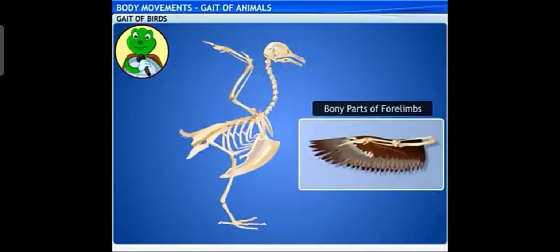Due to the presence of bony parts of the forelimbs. Forelimbs means our hands and so on. That region is modified into wings. The bony parts of the forelimbs are modified into wings that help a bird to fly.